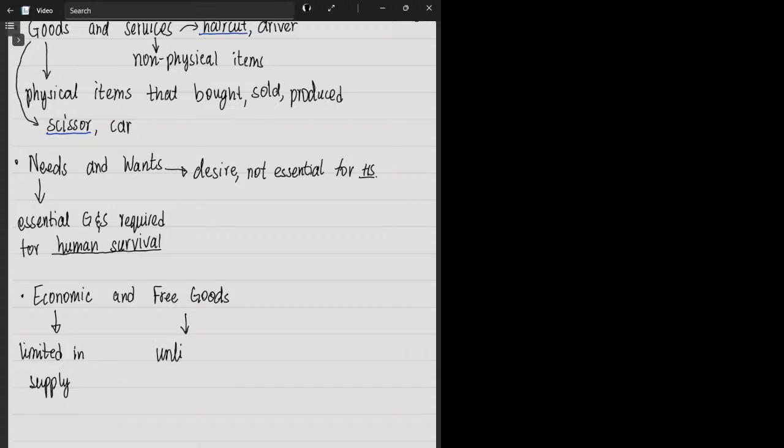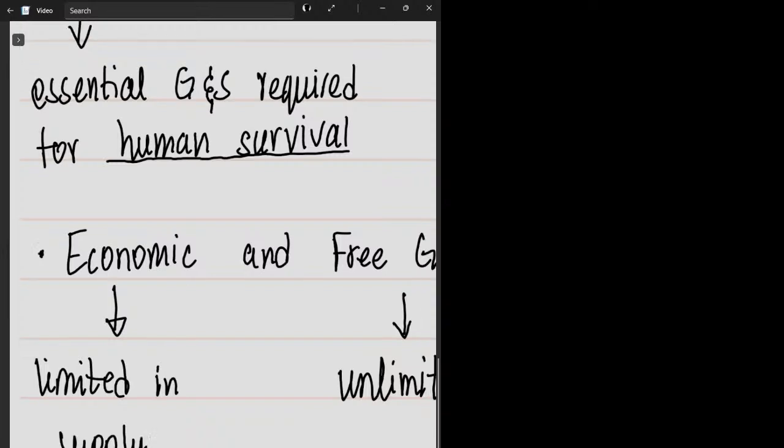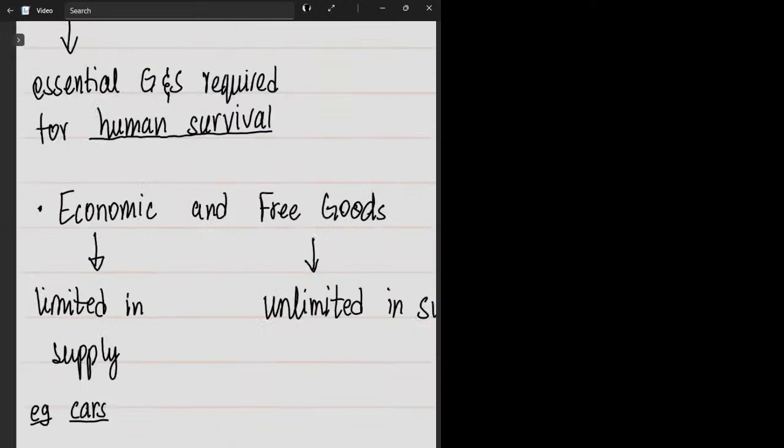Just wait a second. Let me write it down. Unlimited in supply with no opportunity cost. So what do you mean by limited in supply? Okay, let's take an example. Let's take cars. Cars are economic goods because you do not have unlimited cars in this world.